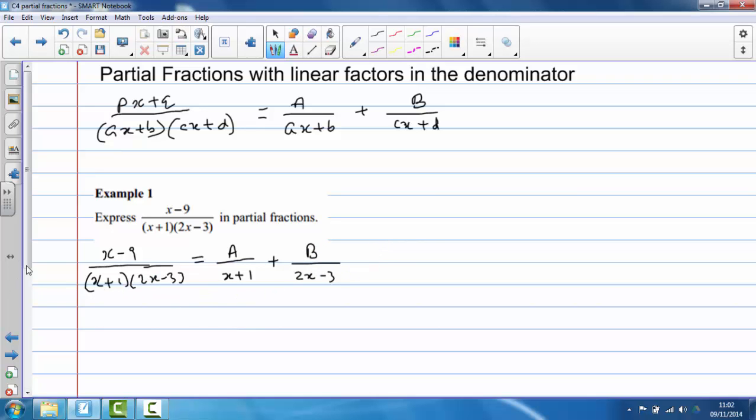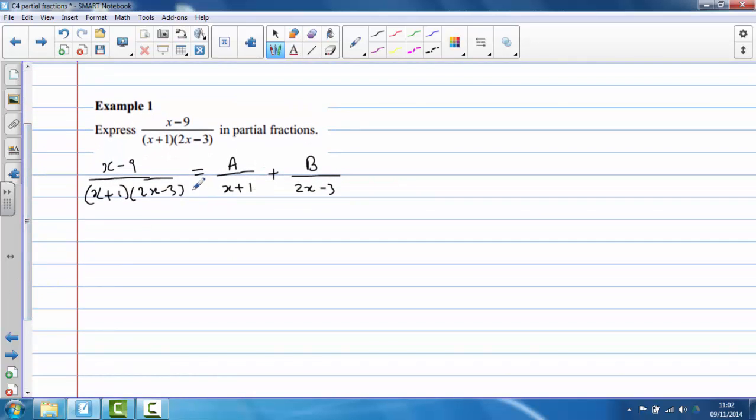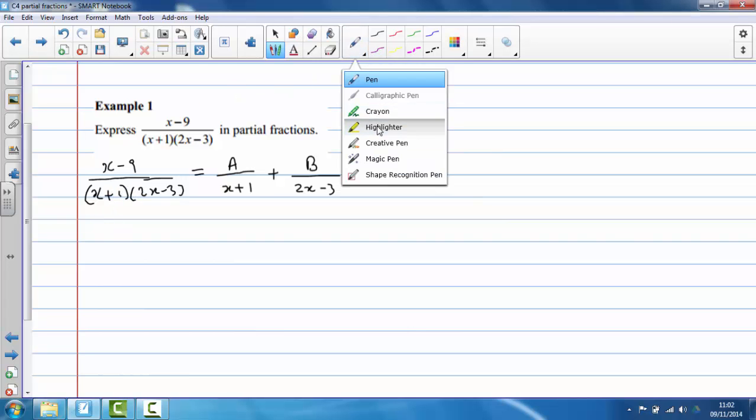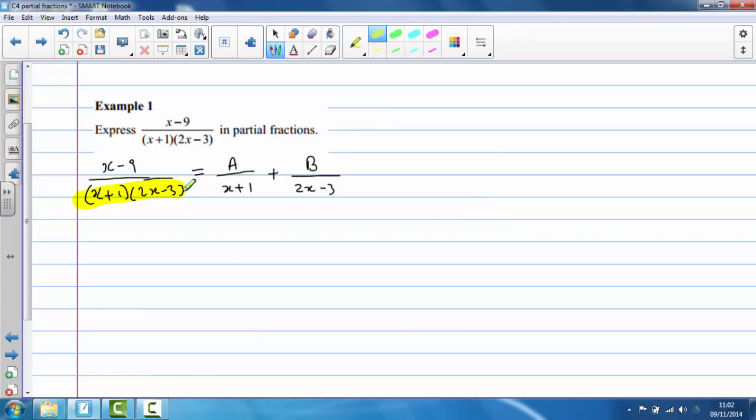Now we can see that to get rid of the denominators we simply multiply top and bottom by this denominator, and by doing so we then get x minus 9 equals a times 2x take away 3 plus b times x plus 1.